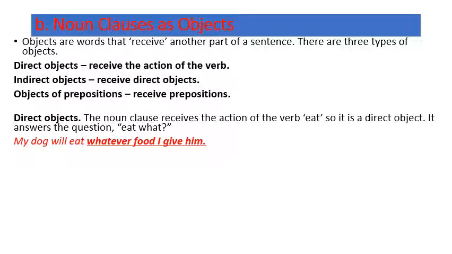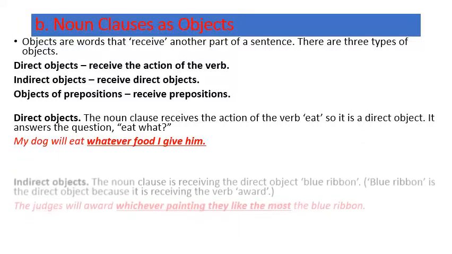First, my sentence: my dog will eat whatever food I give him. My dog is the subject, will is the auxiliary, eat is the main verb, and whatever food I give him is what it receives from the main verb eat. This is why this position is the direct object position.